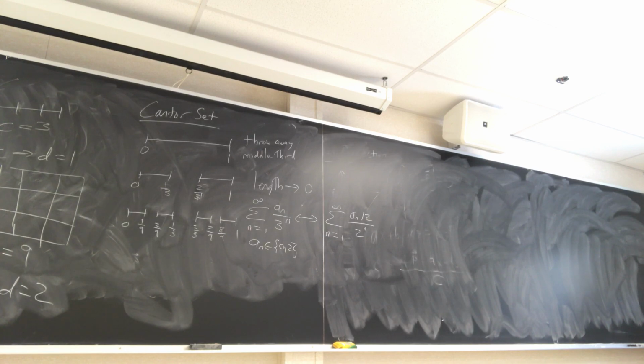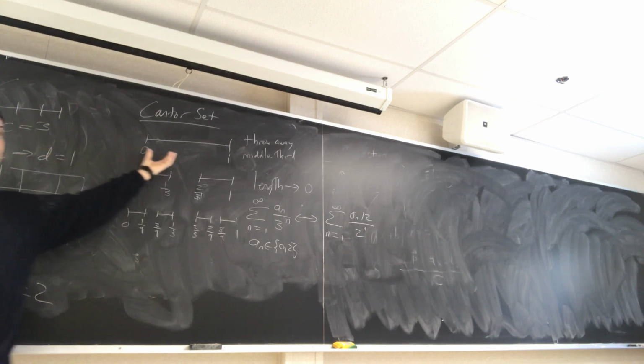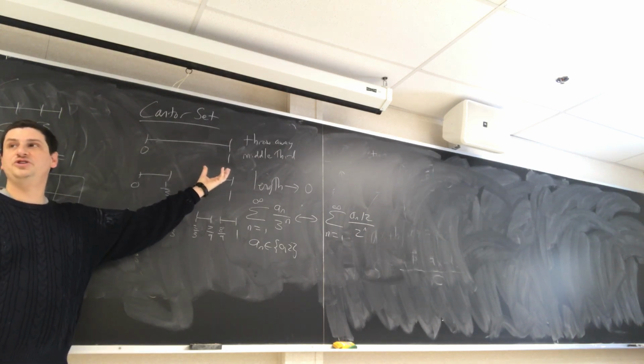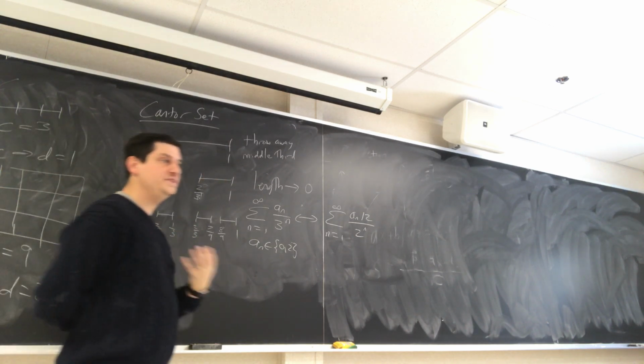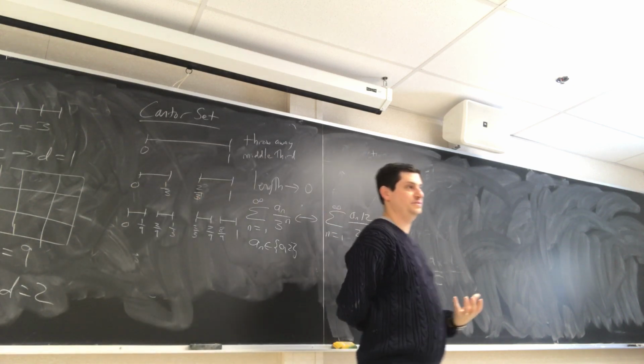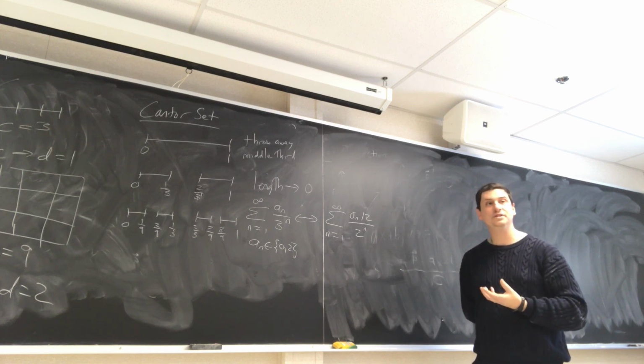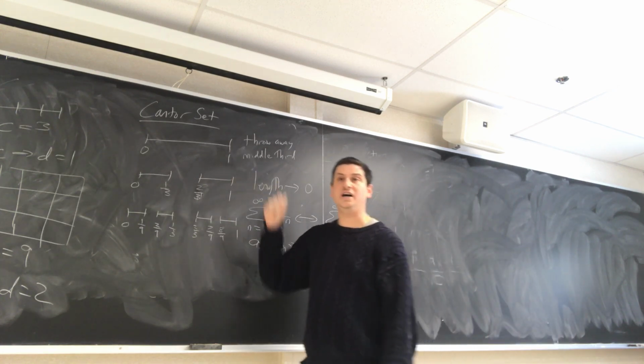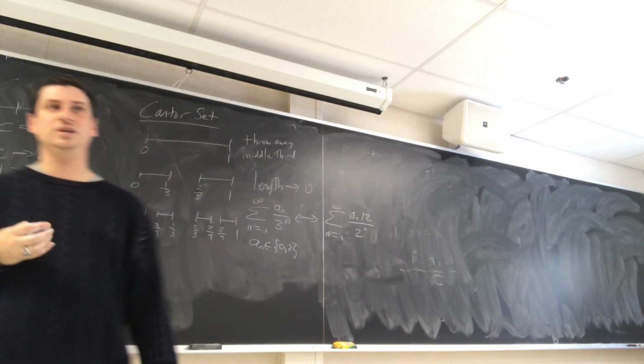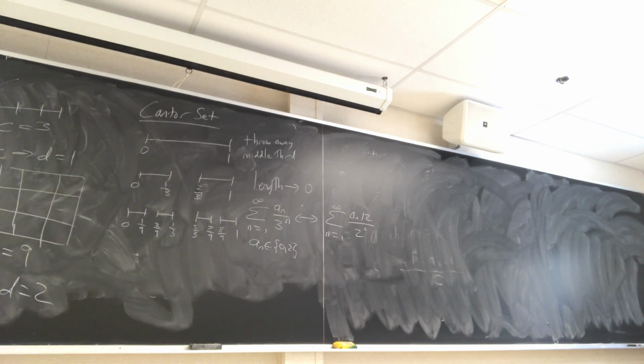What this is telling us is I can put this in a one-to-one correspondence with the entire segment 0, 1. It's the same number of points, just rearranged. The whole point of this is that you have to be careful with infinities. And so there's as many points in this Cantor set as you started with, but somehow it has 0 length. But it doesn't have 0 dimension.